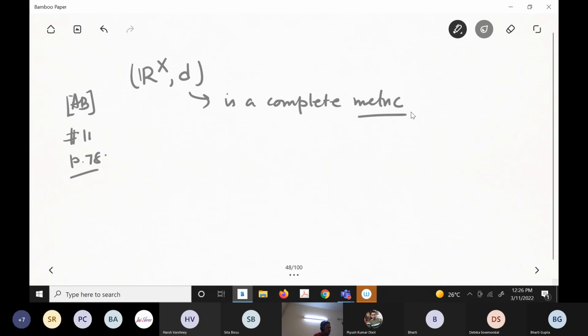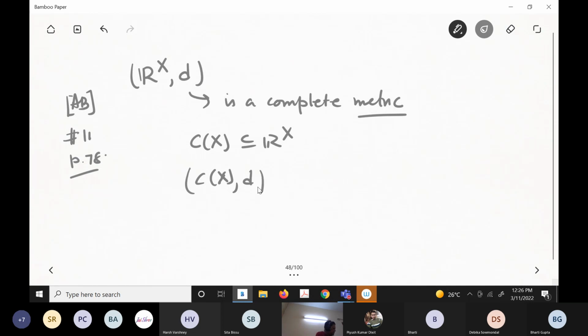That is Alipantis and Border, question number 11. You should check that. It is actually a complete metric. Okay, so if you can do that, then C(X) will be a subset of this, the uniform convergence space, that is (C(X), D). Here functions may not be bounded. That's why I am taking D.